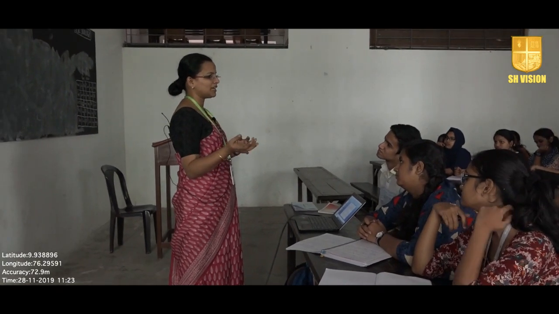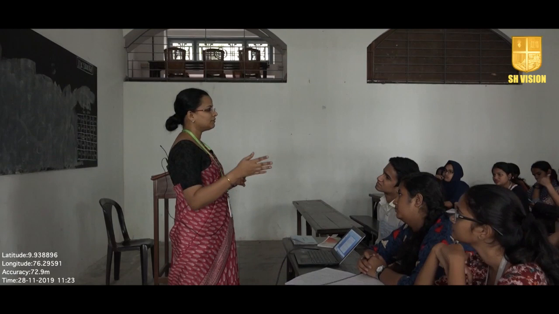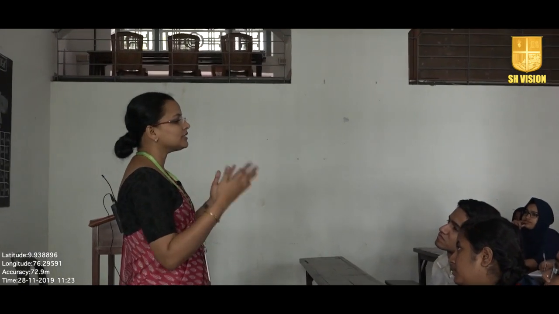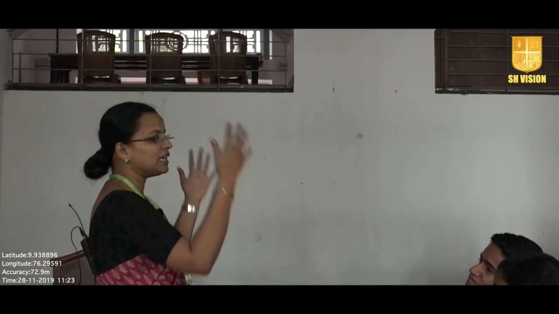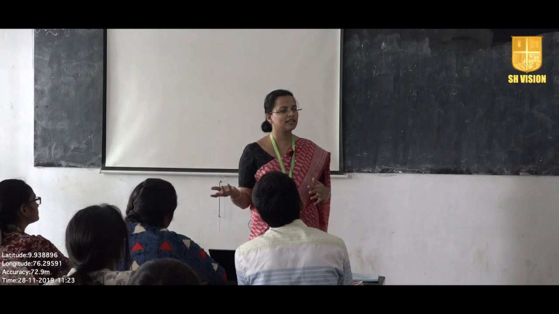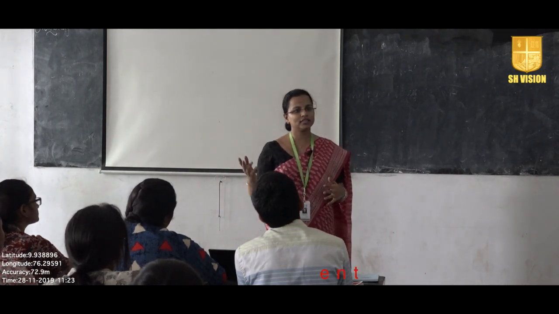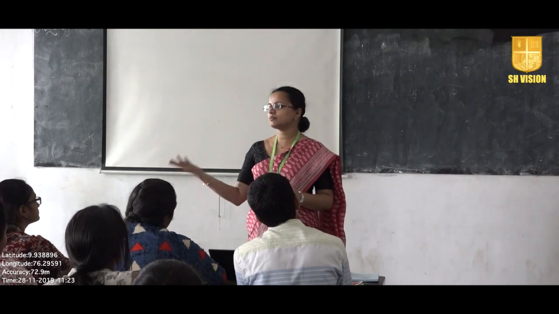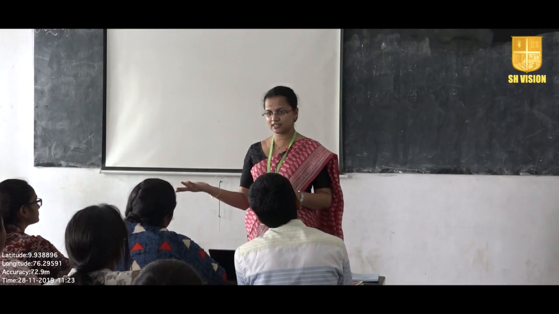That's what I meant by saying that when you say there is both federalism and unitarism in India, it simply means that we have a central government, but we also have state governments. How many states are there in India? 28. So we have 28 state governments and 9 union territories.